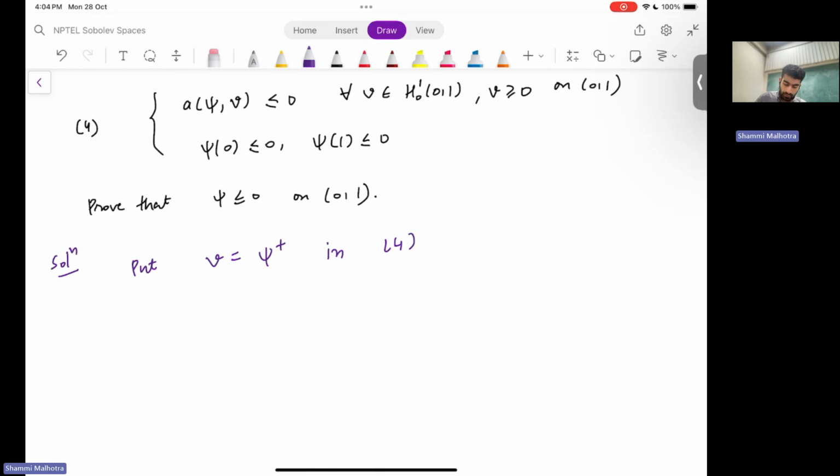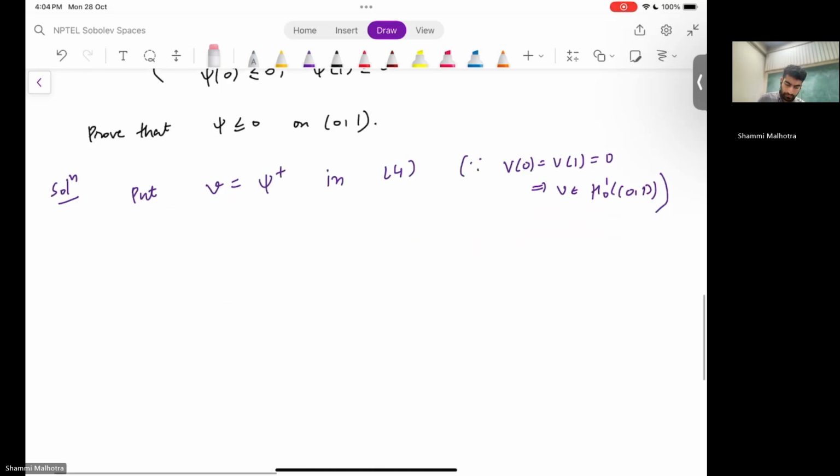Since v(0) and v(1) both are 0, this implies v is in H_0^1(0,1).